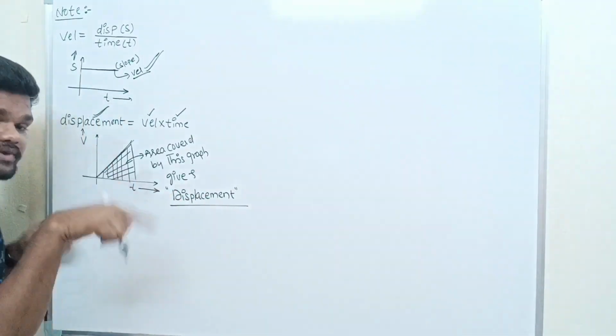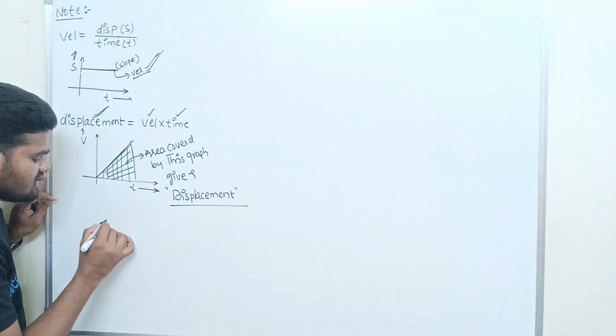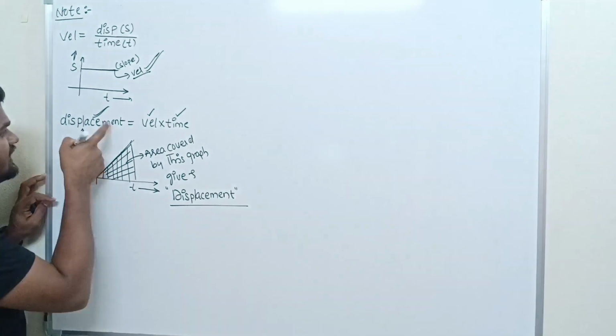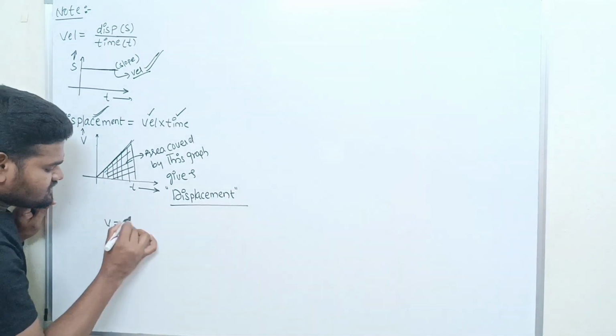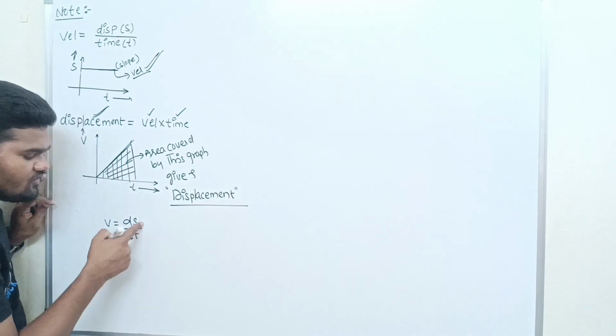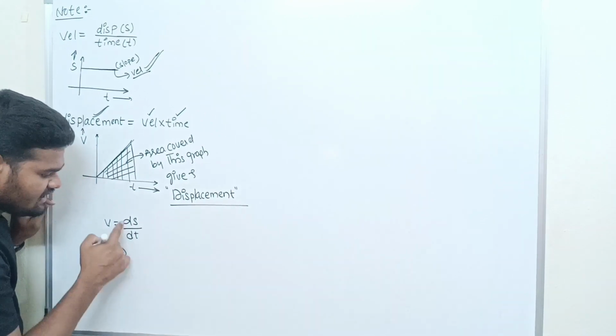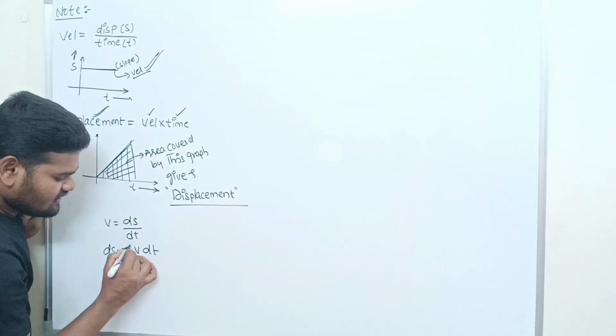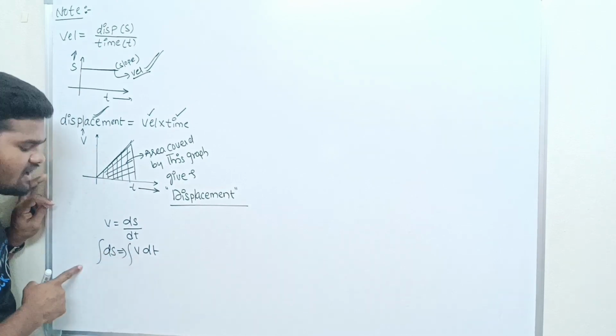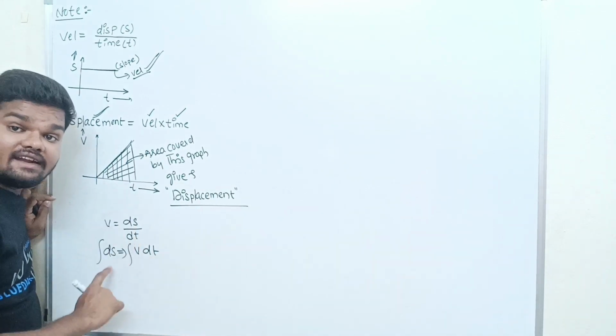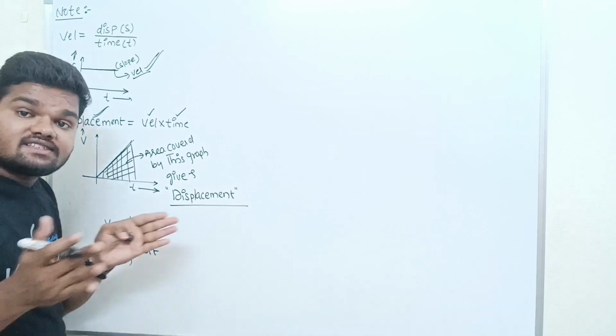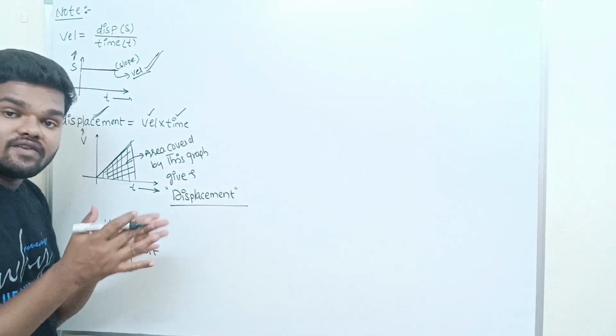In the integration concept, I told you that whenever we get an equation like this, we can write velocity equals ds by dt. If you want to find the displacement, then ds equals v dt, and we have to integrate on either side. Integration means the sum over all the areas.